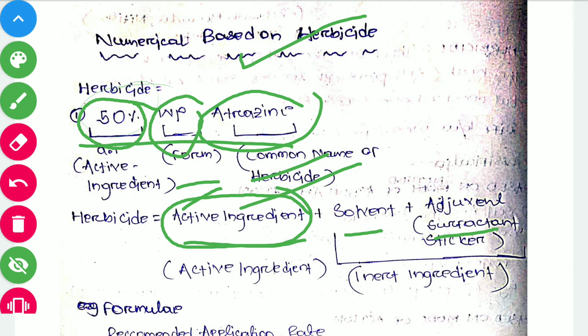Again, we add adjuvants, like surfactant to reduce the surface tension, and sticker. By adding the adjuvant, it will increase the efficiency of the herbicide. So the herbicide is divided into two parts: one part is the active ingredient and the other part is the inert ingredient. The active ingredient is the toxic part of the herbicide.